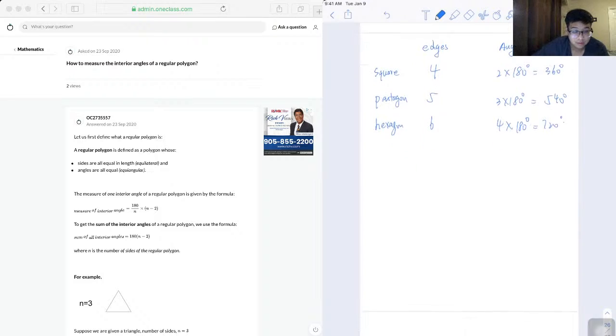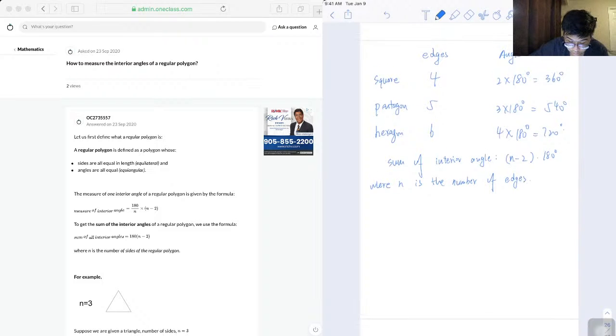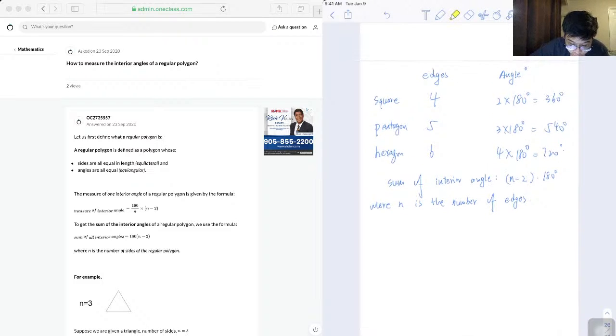So we can find the pattern. The sum of interior angles will be n minus 2 times 180, where n is the number of sides, right? So you can see if we've got 4 sides, we use 2 times 180.